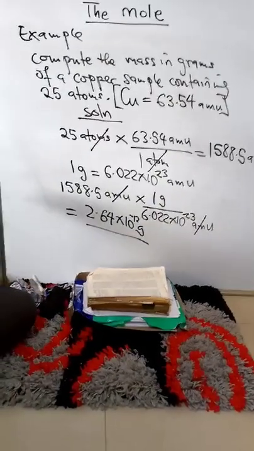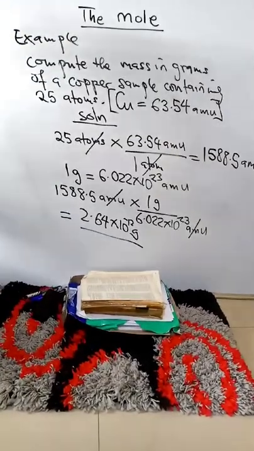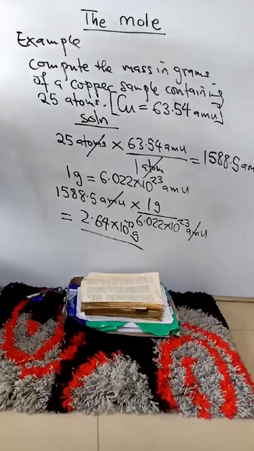So this is the mass of copper in grams. That is how we can calculate it.